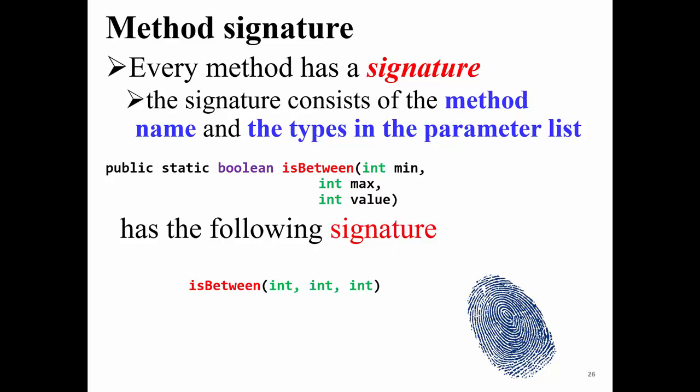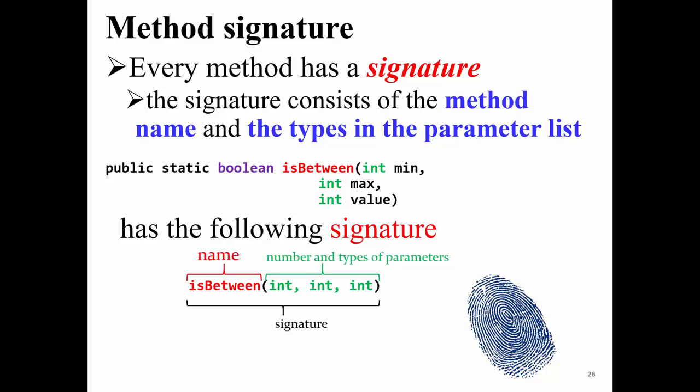For example, if I define is between int and int, this is the signature. If I say is between int double int, this is another signature. Is between double int is another signature. So the data type of the parameters is very important, and the order in which they appear in the method header.